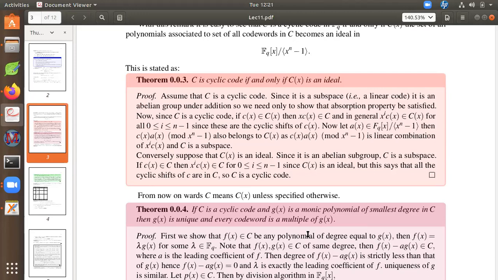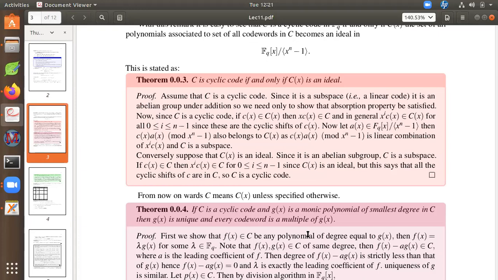When you multiply by x, it is a right shift, so that is also in C. Likewise, x power i into C of x is also in C because it is a shift. I am telling you it is a cyclic code. So what I proved is that x into C of x, x square into C of x, x power i into C of x, they all are there. Then automatically their linear combinations also will be there because it is a subspace.